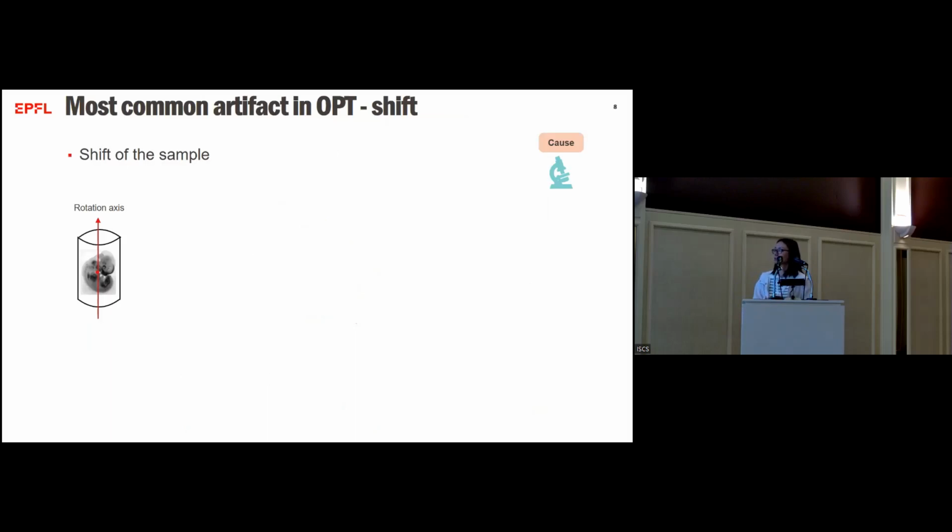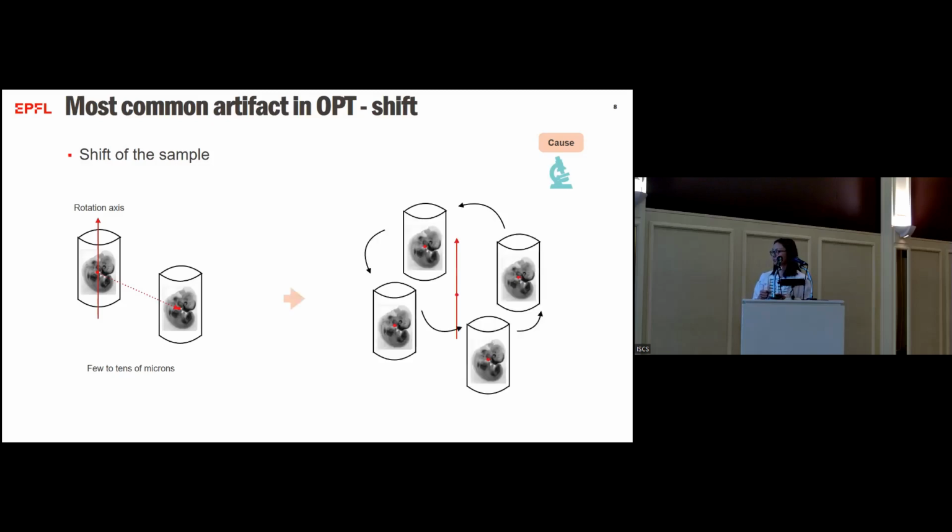In the ideal case, the sample is aligned with the rotation axis, and it's rotating around the rotation axis. But in practice, we typically have a small shift of the sample so that it's off center by a few microns. Then the sample is rotating in a circle.